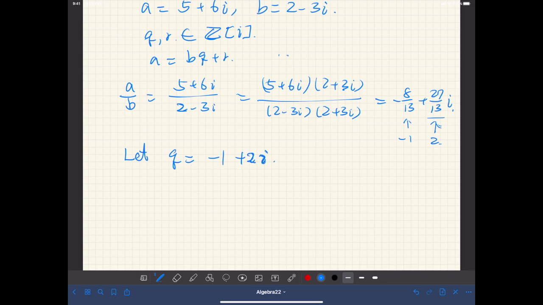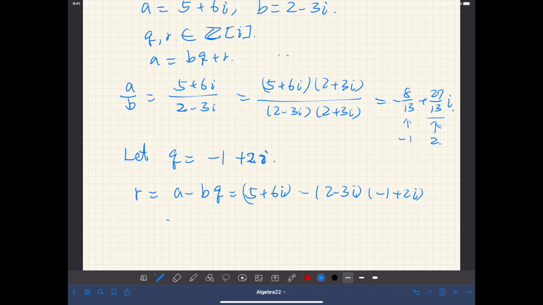Then R is A minus BQ, so that is 5 plus 6i minus 2 minus 3i times negative 1 plus 2i.